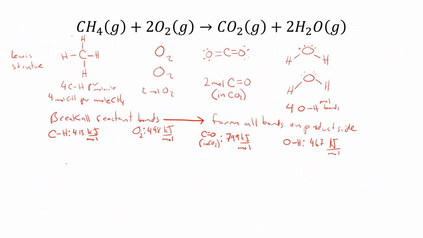Okay. And now we can put it into a chemical equation. So basically, for finding the delta H of the reaction, that's going to equal the sum of the average bond energies of the bonds broken, minus, and this is when we form the bond, minus the sum of the average bond energies of the bonds formed.